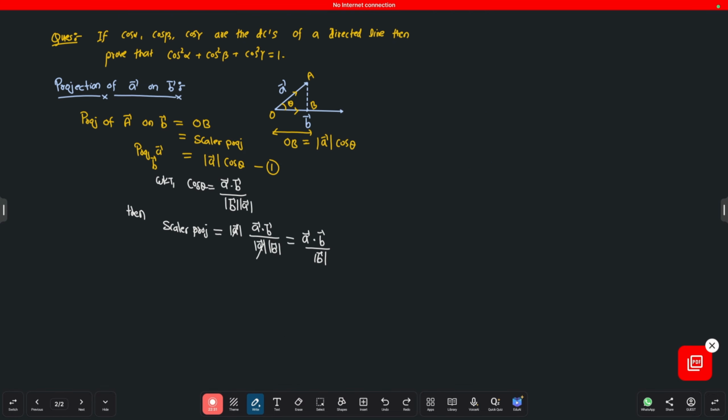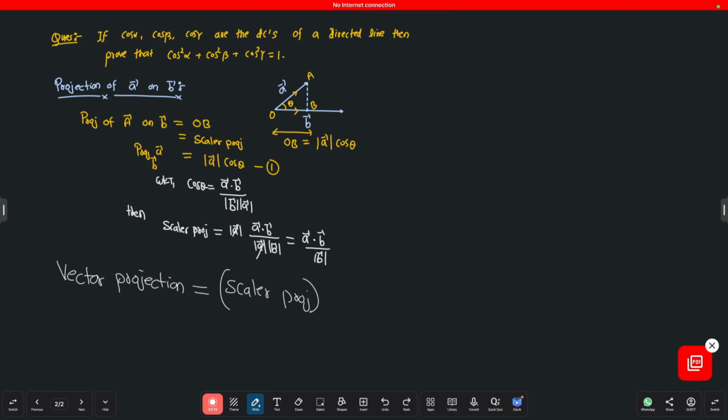What is vector projection? Vector projection simply means the projection vector of vector A on vector B. It will be the scalar projection multiplied by the unit vector of B, because we are finding the projection of A vector on B vector.